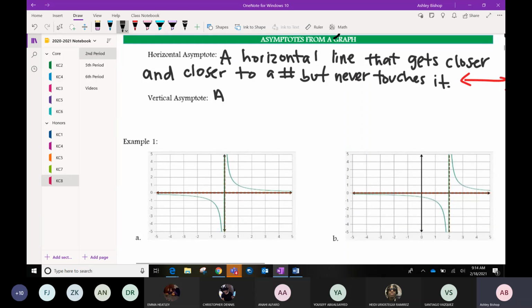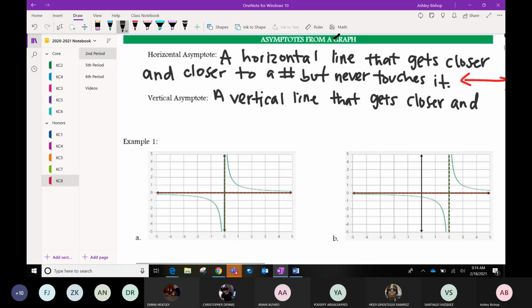A vertical line that gets closer and closer to a number, but never touches it.